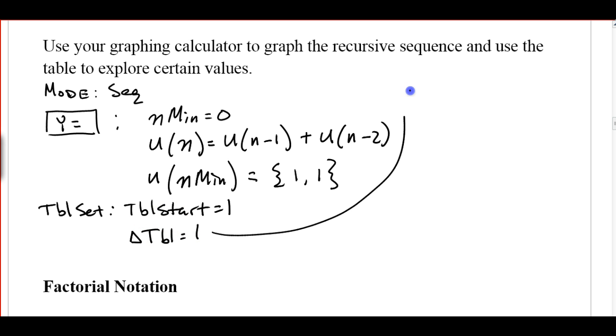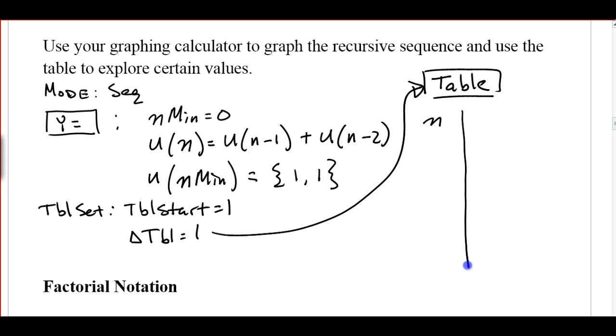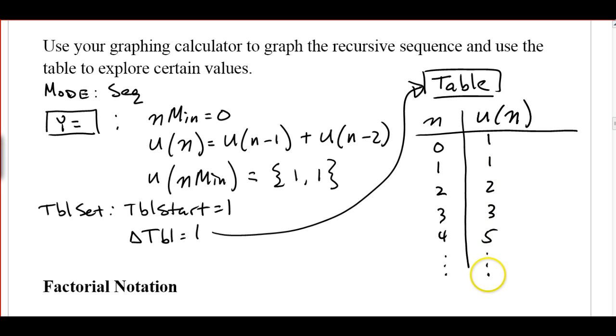Then if you go and look at the table, you should see that we've got n, and we've got values of u sub n. So we've got 0, 1, 2, 3, 4. This will continue, and you'll see you have 1, 1, 2, 3, 5, and you can keep scrolling down to take a look at those.